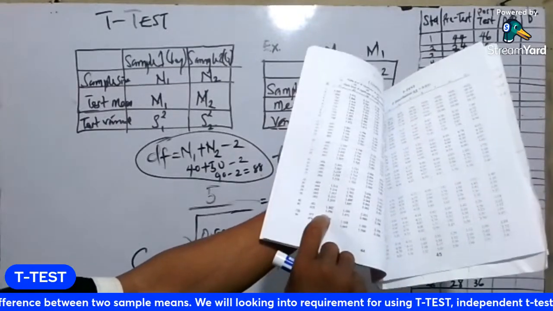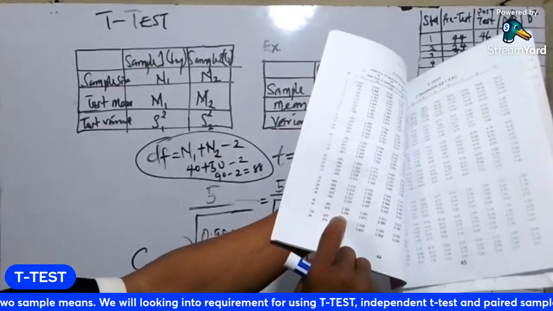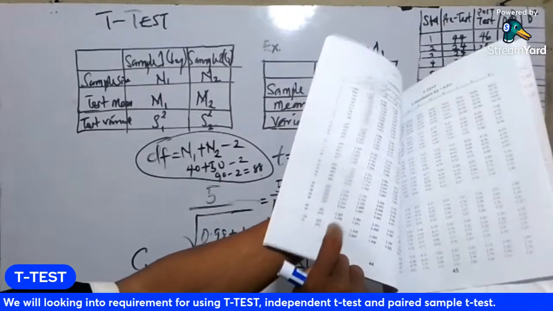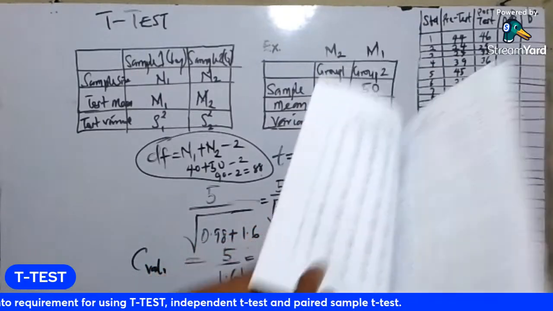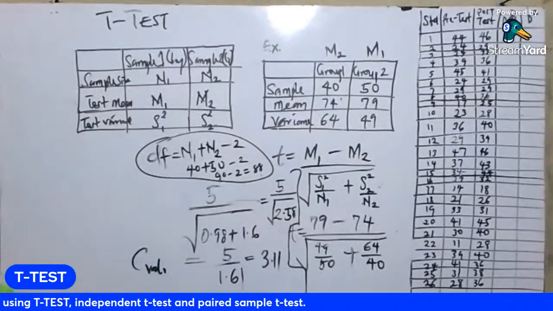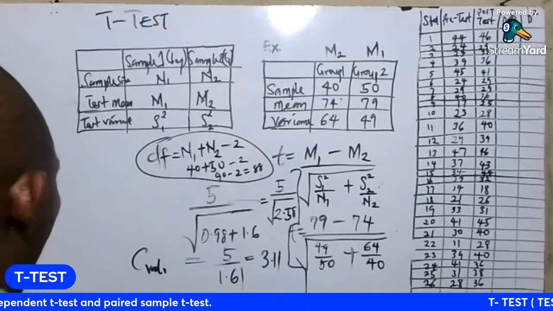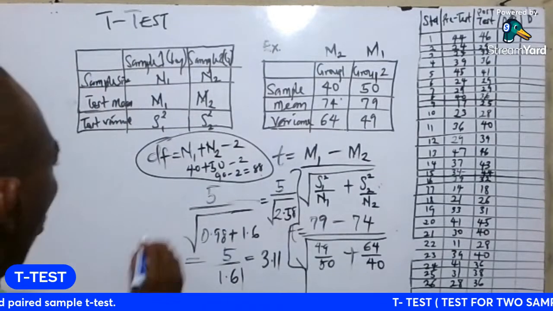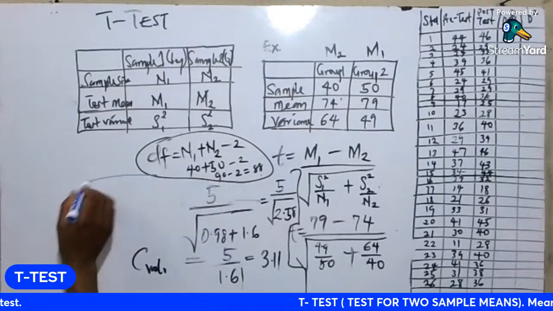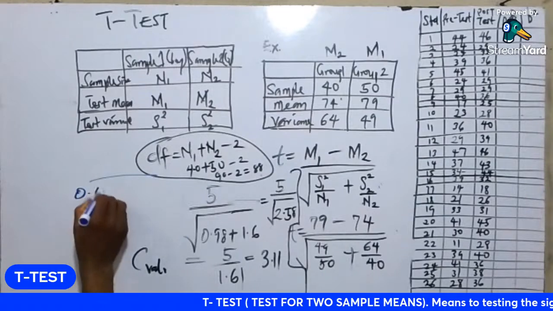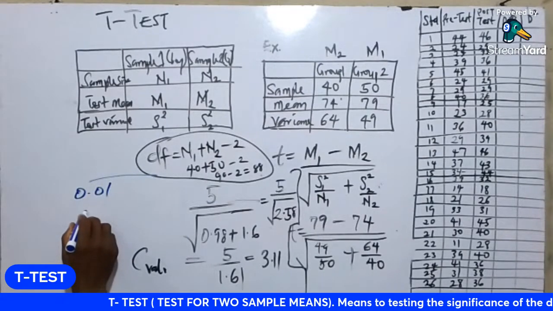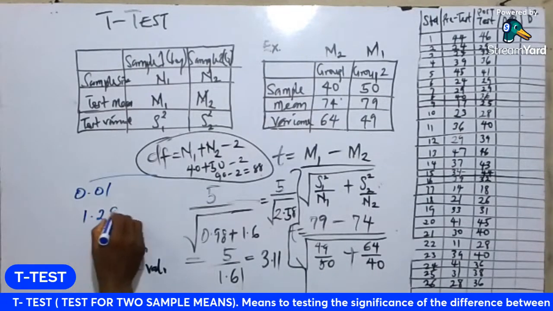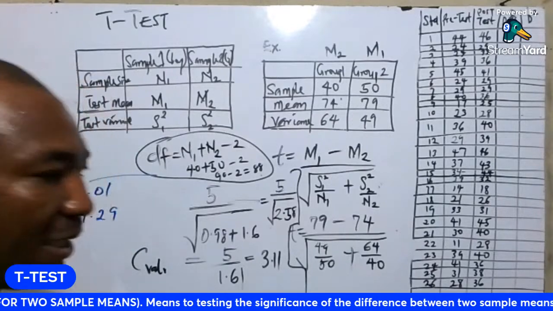So you are picking 60, because after 60 is 120, so you are picking 1.29. Under 0.01, I've gone to the table now, and I pick 1.29. I'm checking it under 88.